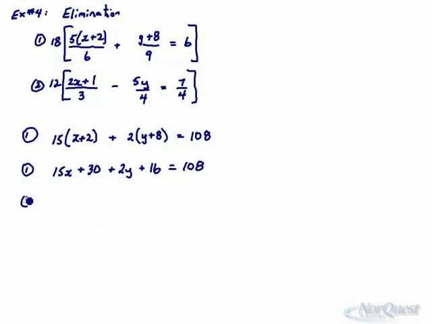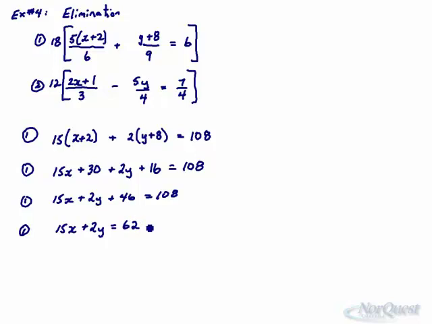Keep simplifying. 15x plus 2y, 30 and 16 to give me 46, equals 108. And I'm going to go even one step further. Might as well take the 46 to the other side and write this as 15x plus 2y, 108 minus 46 should give me 62.